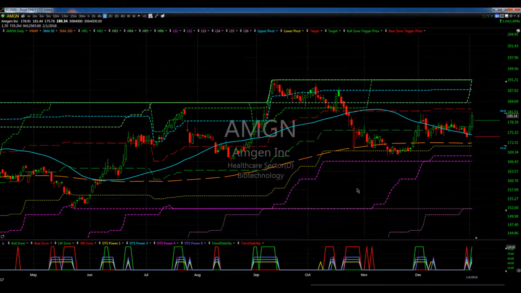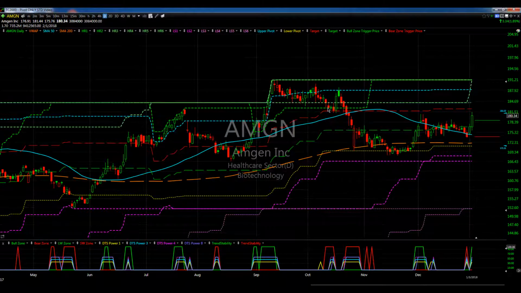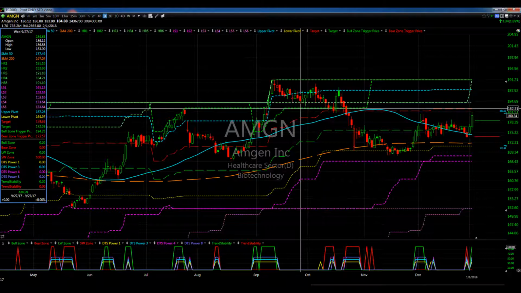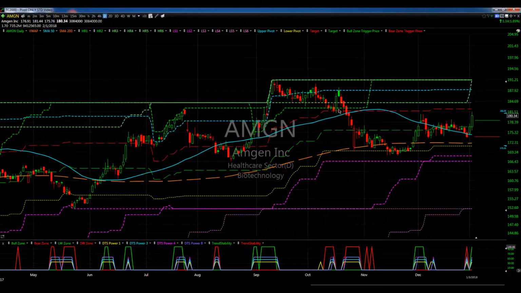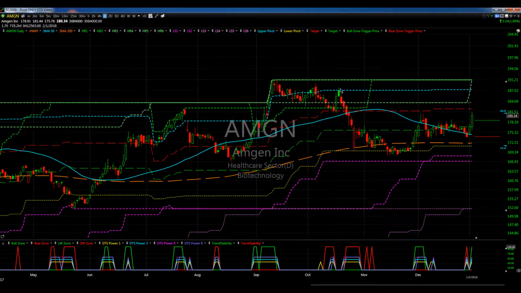But the gist of what you see here is this is what I'm scanning for, and as you can see here, this showed up in the bear zone. It did go down for a few days, but these green lines are support, and that's why it fought for a few days, tried to bounce back up, headed back down again, came right back into the bear zone and continued on down.